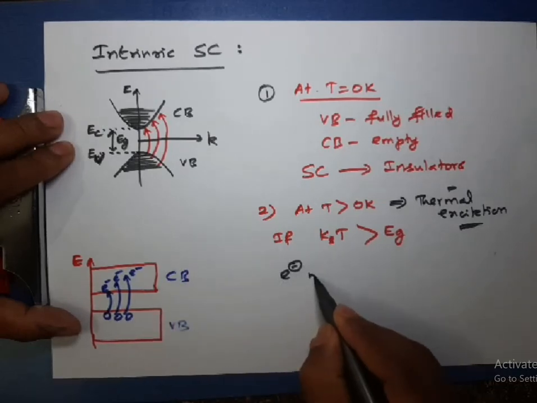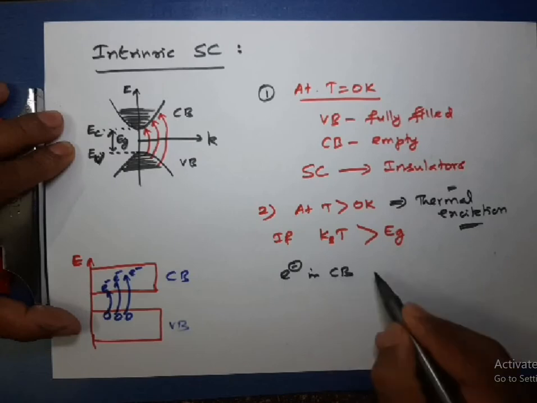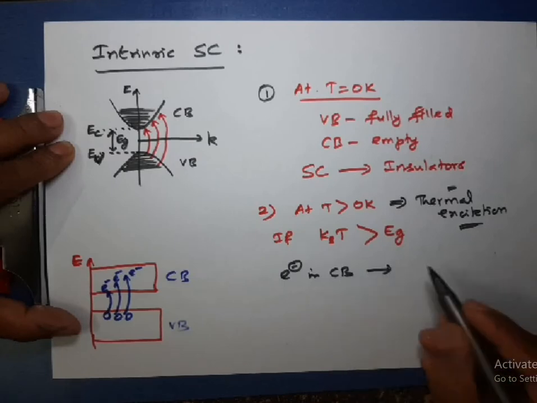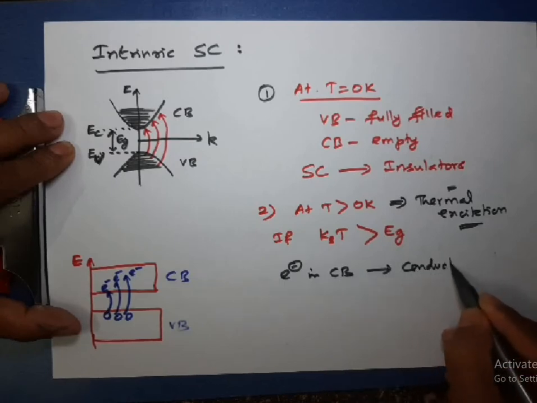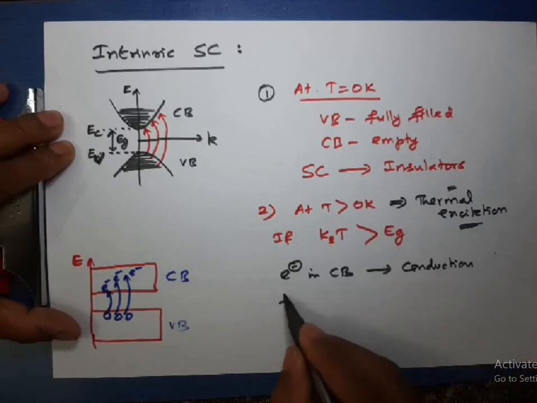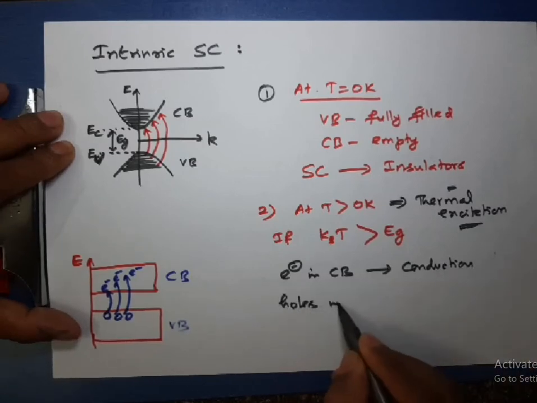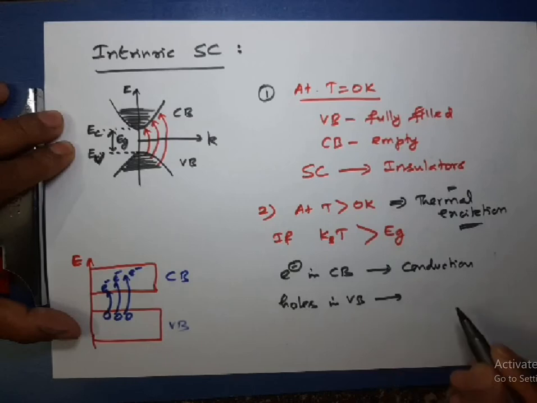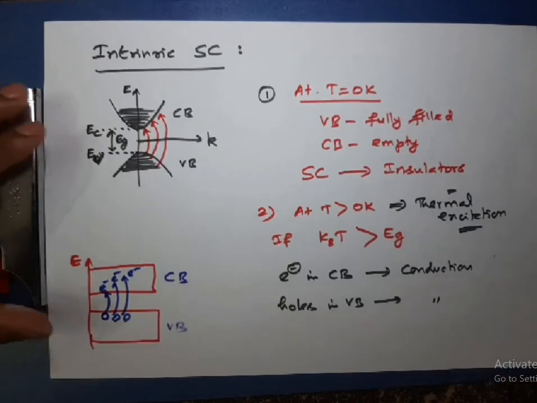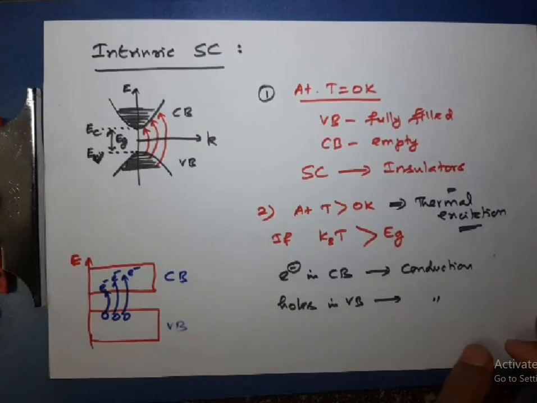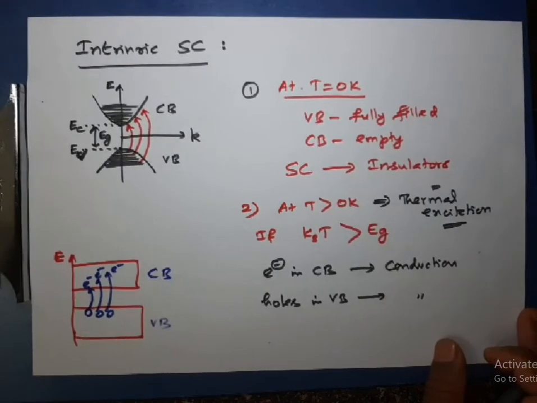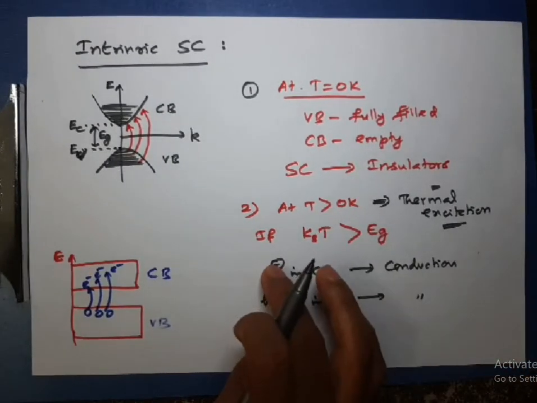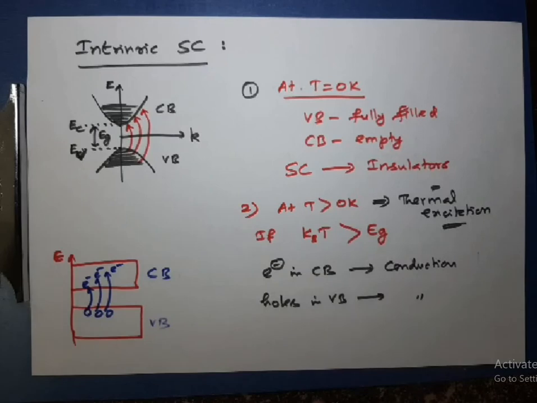Now keep this in mind. Electrons in the conduction band will show conduction; they will conduct current. Similarly, holes in the valence band also show conduction. So for a semiconductor to conduct current, you require either electrons in the conduction band or holes in the valence band.